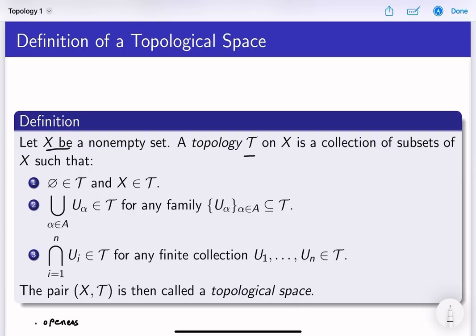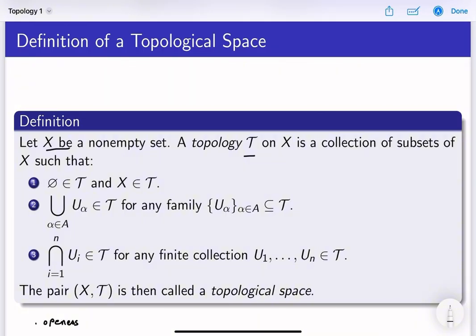What we need to do is we need to enforce some properties that open sets in the Euclidean space satisfy. Like, for example, we need to enforce the property that if I take an arbitrary union of open sets, I still get an open set. And we want a finite intersection of open sets to still be an open set.